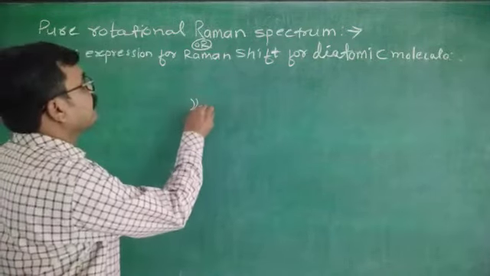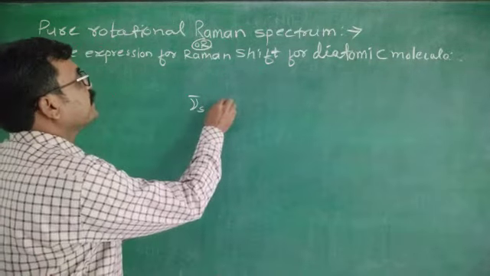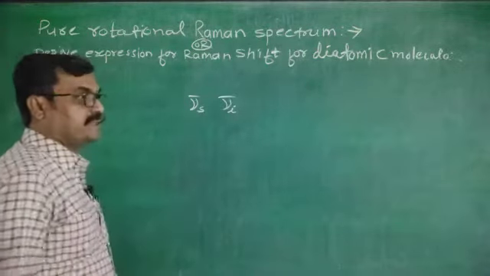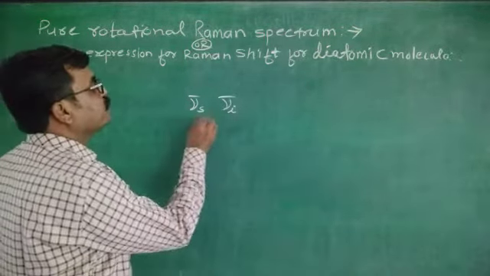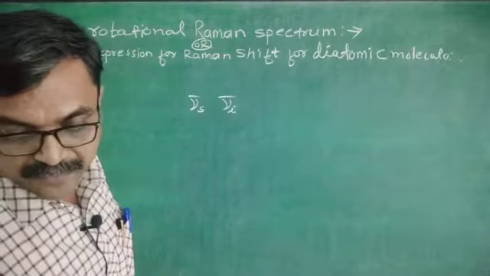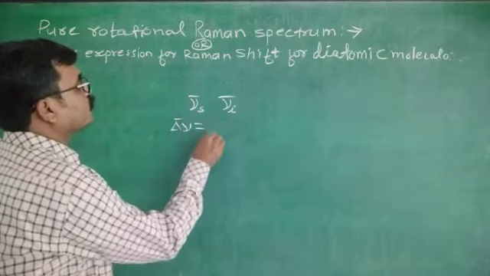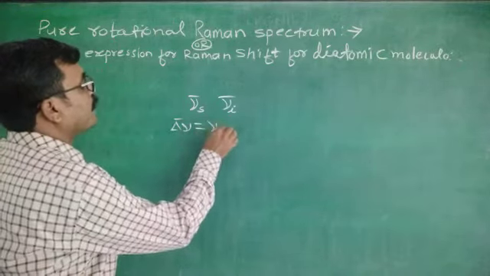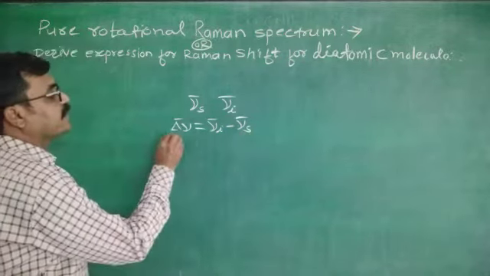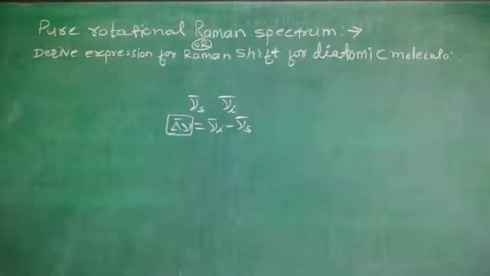If the scattered frequency, that is nu s bar, is different from that of the incident light, then Stokes and anti-Stokes lines are obtained. As you know, delta nu bar equals nu I bar minus nu s bar, and this delta nu bar is called the Raman shift.